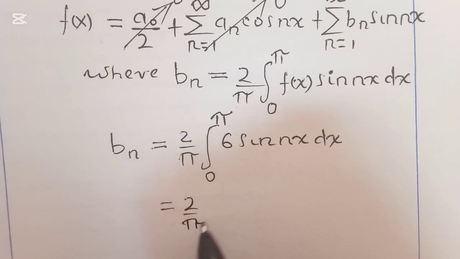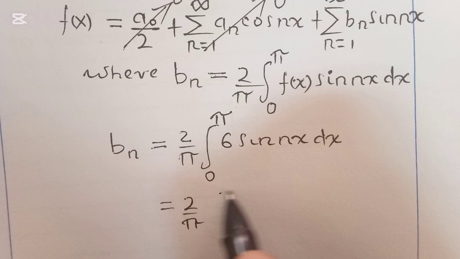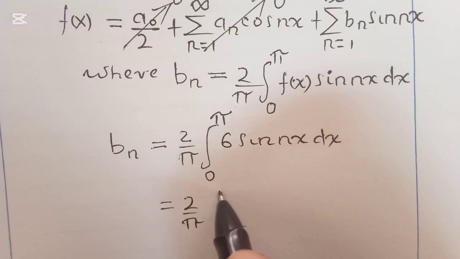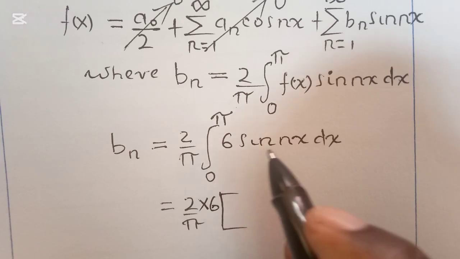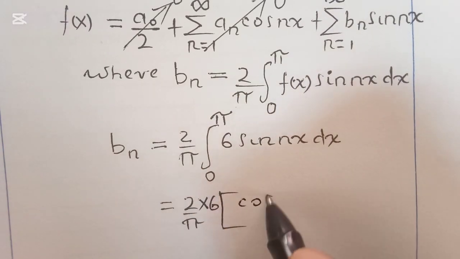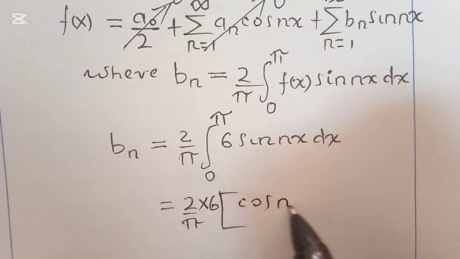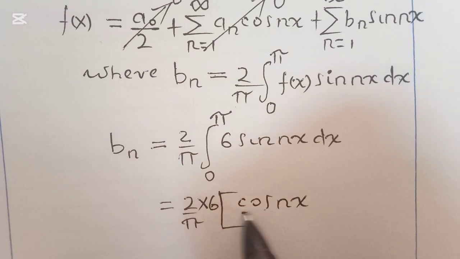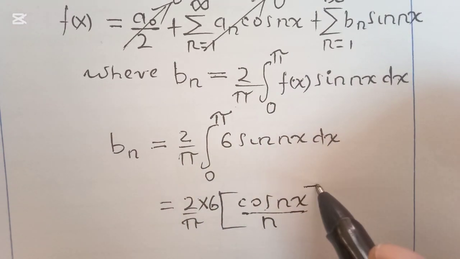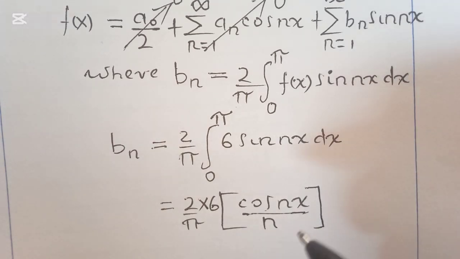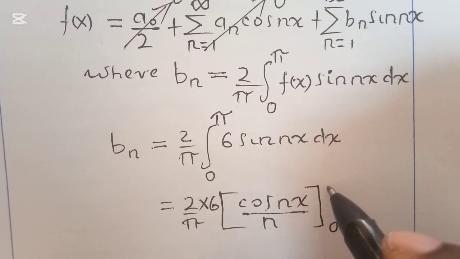Now we do that, we are going to get 2 all over pi. If we integrate that, we are going to have 6 there, which is a constant. Then this one comes to cos nx all over n, from 0 to pi.